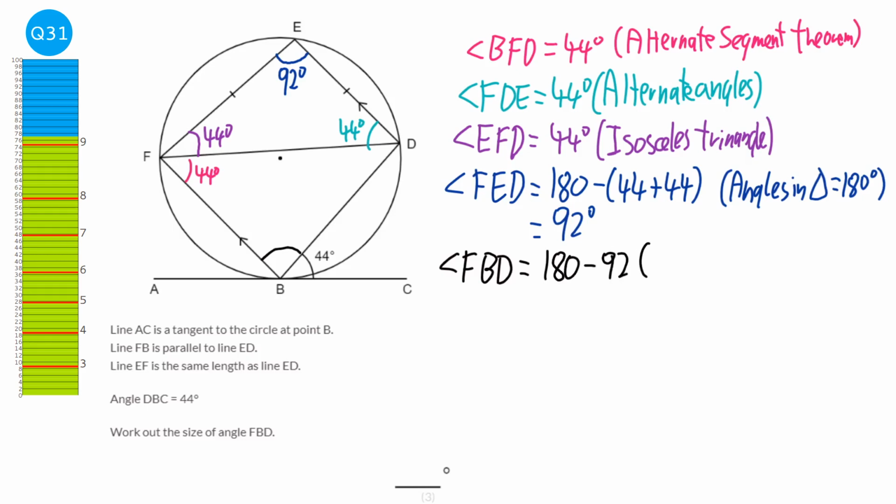And again, we have to show the reason of the fact it's a cyclic quadrilateral. And so 180 take away 92 is going to be 88 degrees. So our answer will be 88 degrees.